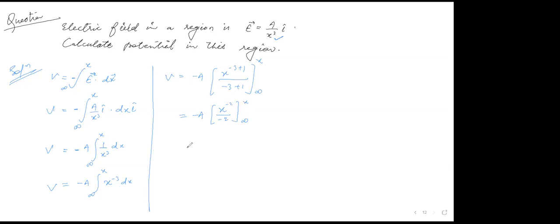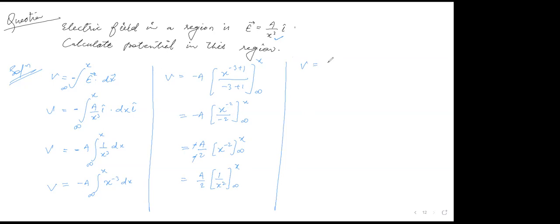This minus is cancelled with minus, so you get A over 2, and we can write X to the power minus 2 as 1 over X square, from infinity to X.